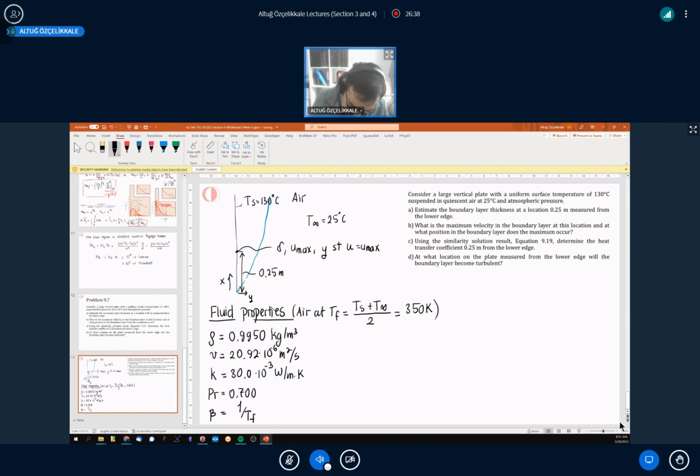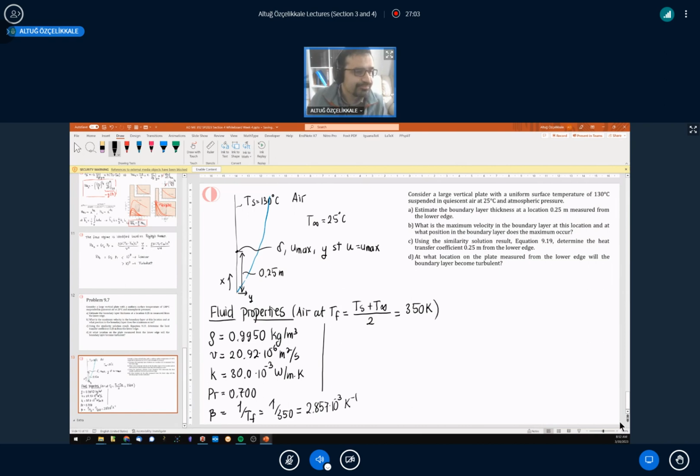Here we are evaluating at the film temperature. That's 1 over 350. And that's going to be 2.857 times 10 to the power minus 3, 1 over Kelvin, or Kelvin raised to the power minus 1.